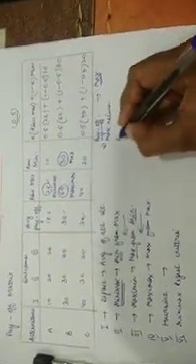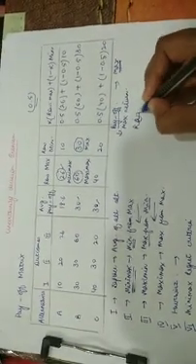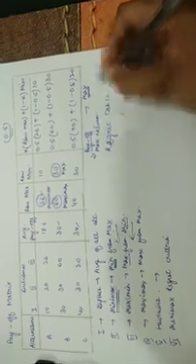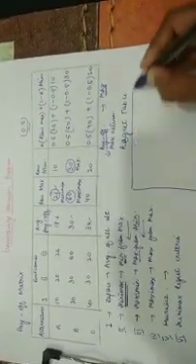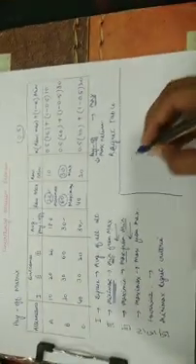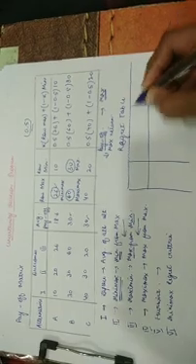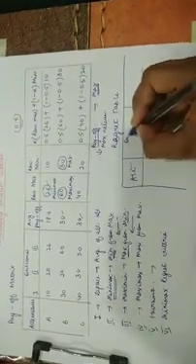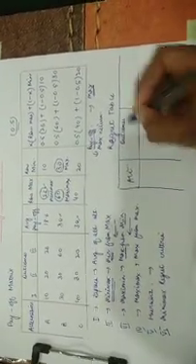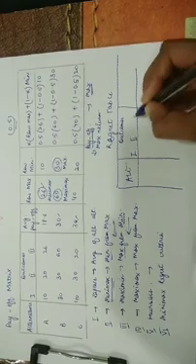In Minimax regret criteria, we first make the regret table. For the regret table, we make a new table taking alternatives on one side, and the same outcomes 1, 2 and 3.